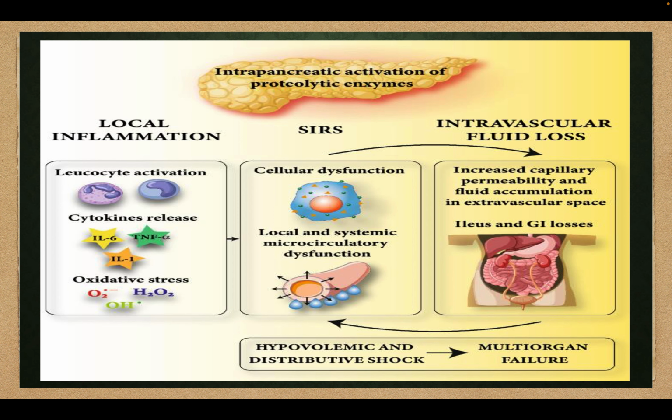Now, there is intrapancreatic activation of proteolytic enzymes, which leads to local inflammation in the form of leukocyte activation, and cytokine release in the form of IL-6, TNF alpha, and IL-1, and it leads to SIRS, the systemic inflammatory response syndrome, and of course it leads to increased capillary leakage, fluid accumulation in the third space, ileus and GI losses, and intravascular fluid loss.